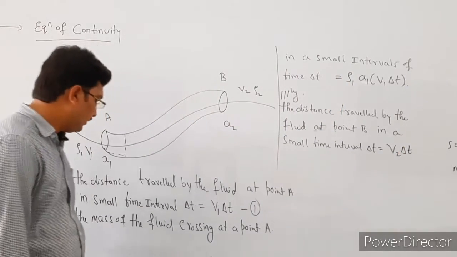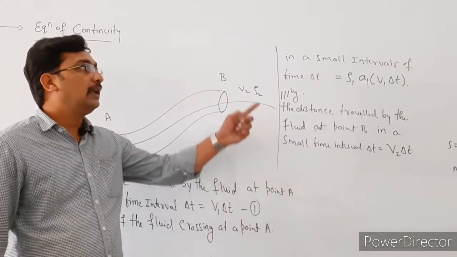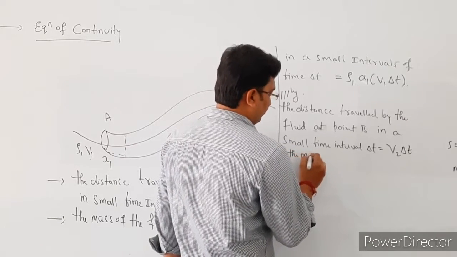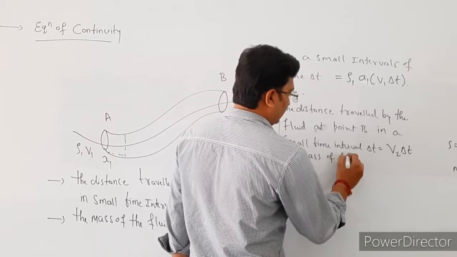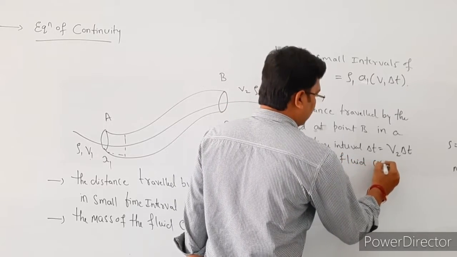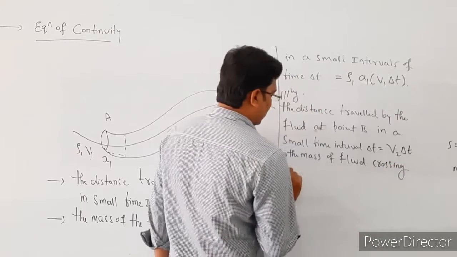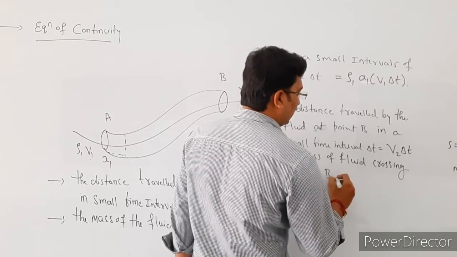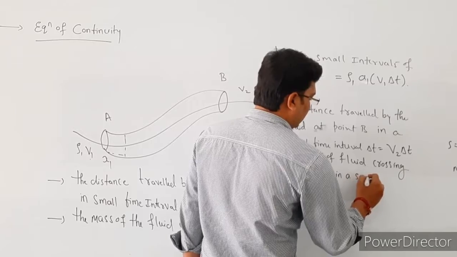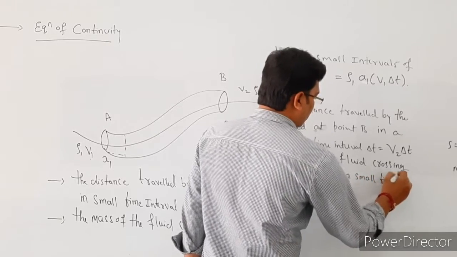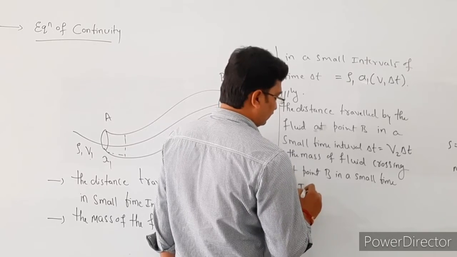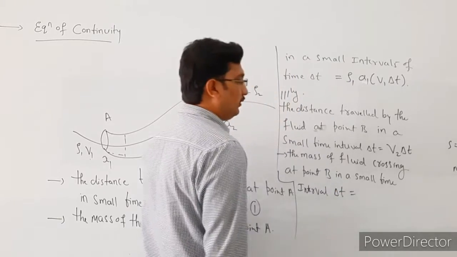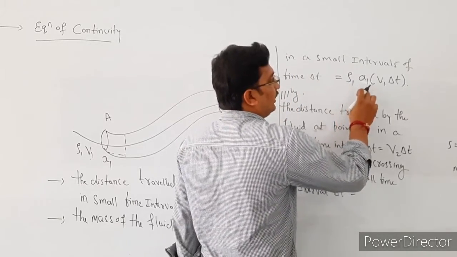After that, the mass of the fluid crossing at point B in a small time interval del t is equal to, the same way, density into area into distance traveled.